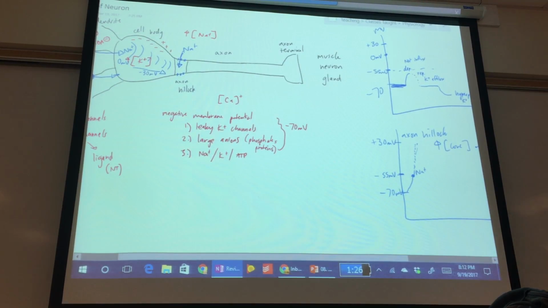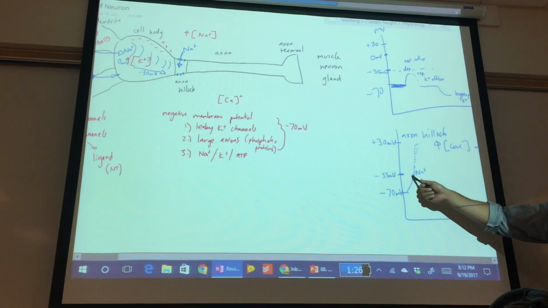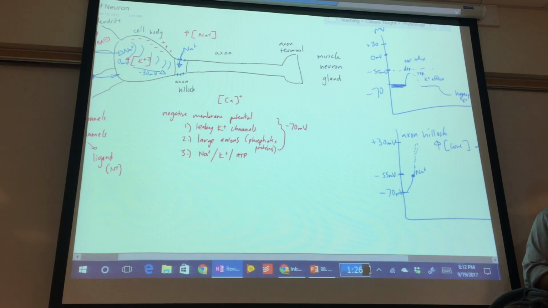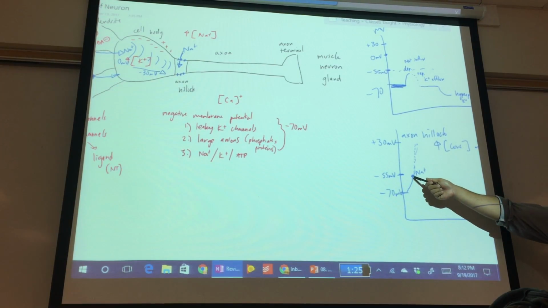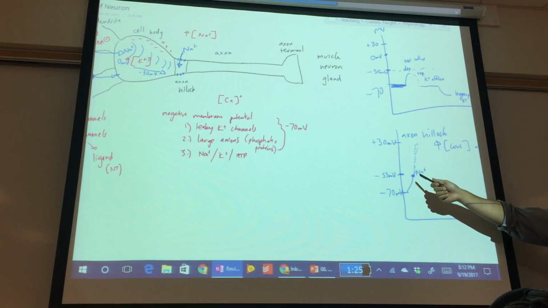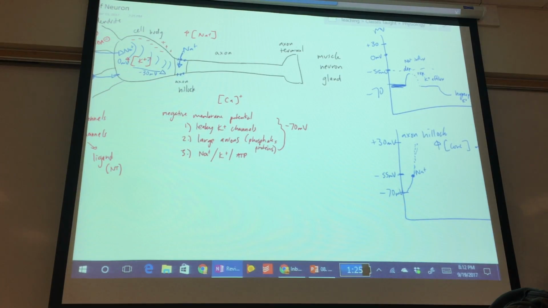Technically, what's happening at negative 55 millivolts is we're opening up our voltage-gated channels, both sodium and potassium. So this one's a harder question. Why do we only see the effect of sodium in the very beginning? Yes, which means sodium opens up faster.